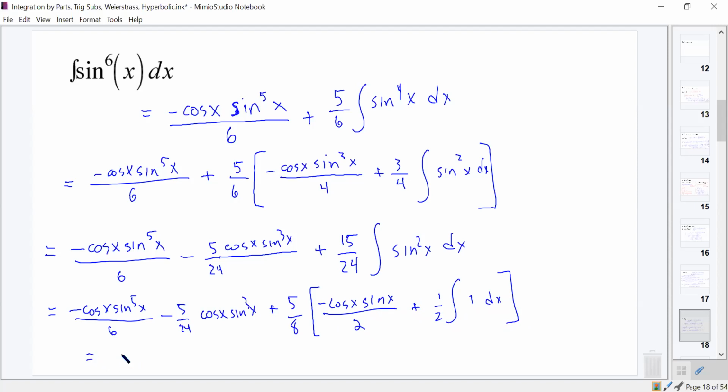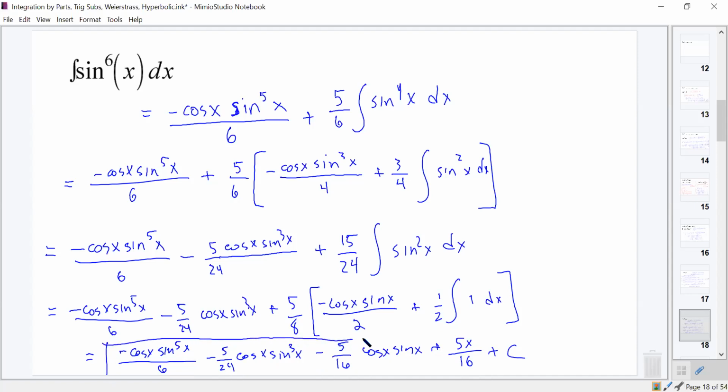And our final answer then should be negative cosine x sine to the 5th of x over 6 minus 5/24 cosine x sine cubed x minus 5/16 cosine x sine x, or sine x cosine x if you prefer, and then plus 5/16 of x plus a constant.